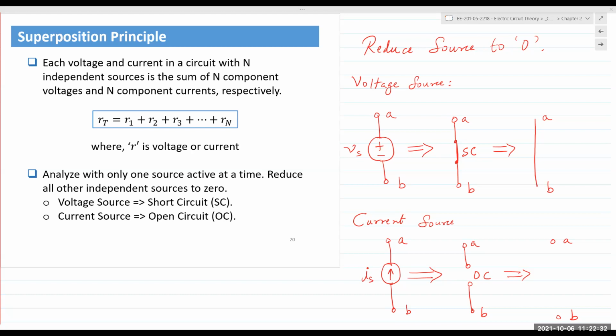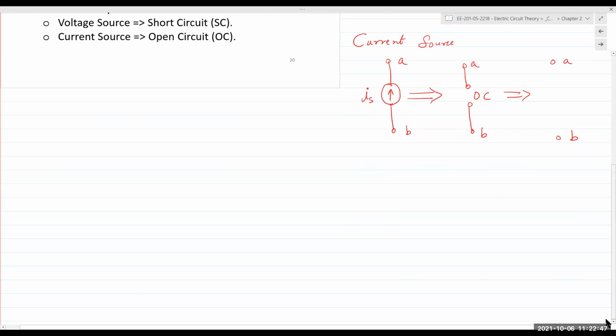Let's take a look at 2 examples. In the first one, I'm going to show how we redraw circuits. And in the second one, we will actually analyze the circuit and find the values. Okay, example 1, a random circuit that I drew out earlier today.